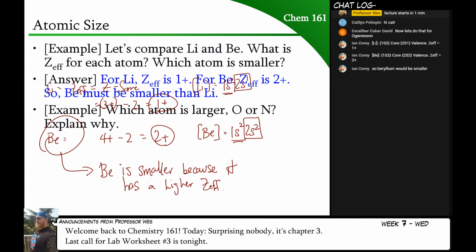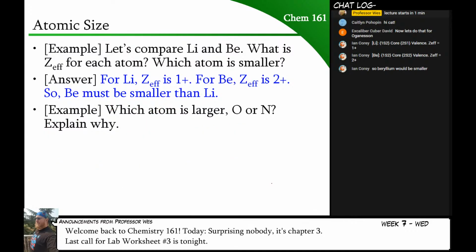All right. How about for oxygen or nitrogen? Calculate Z effective and type your answer in the chat.